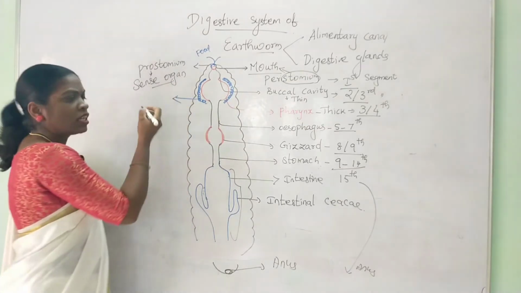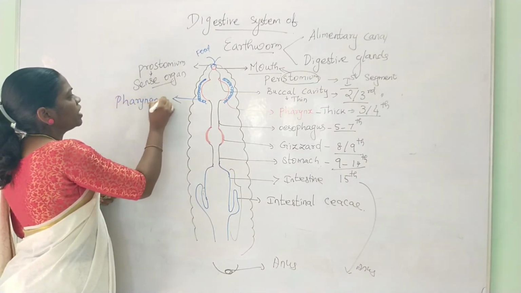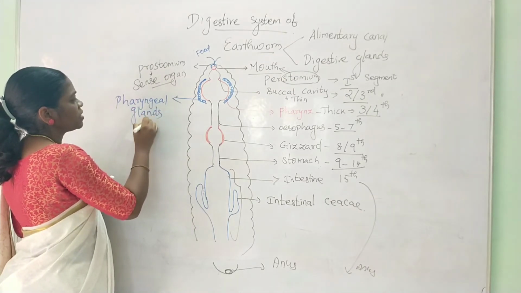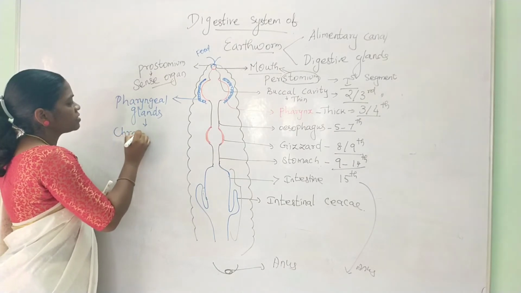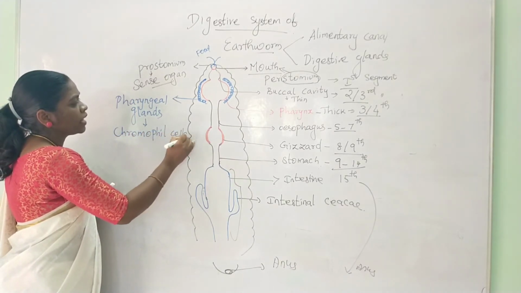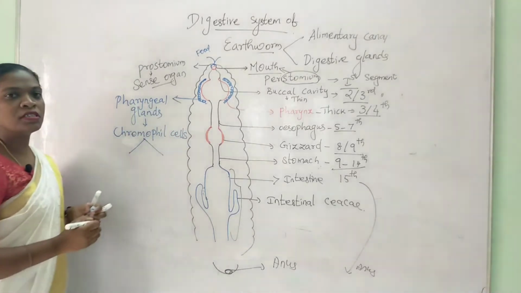These pharyngeal glands secrete substances. How do they secrete substances? The pharyngeal glands contain a structure known as chromophil cells. These chromophil cells present in the pharyngeal glands will secrete two substances.